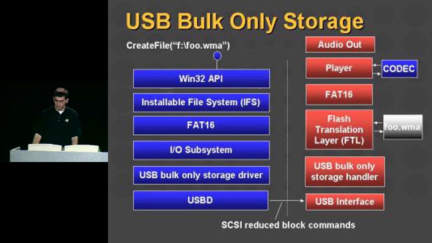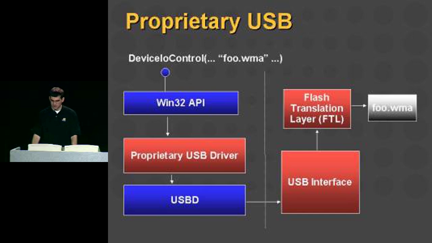But what's been happening, for whatever reason, is that device manufacturers are going ahead and making proprietary USB drivers. Because, as I said, that mass storage driver in Windows hasn't shipped yet. So in that case they're just inventing whatever protocol they want to, or they may actually continue to use the USB bulk storage protocol. I'm going to link that over here.